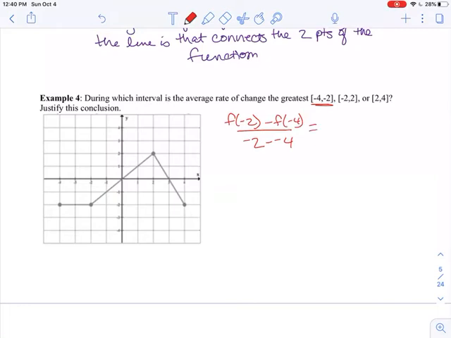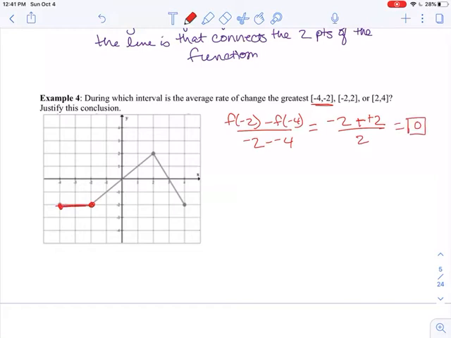All right, because I'm always doing my x2 minus x1. F of -2 is -2, because here I am, -2. F of -4 is also -2, but I'm subtracting those, and -2 minus -4 is actually 2.